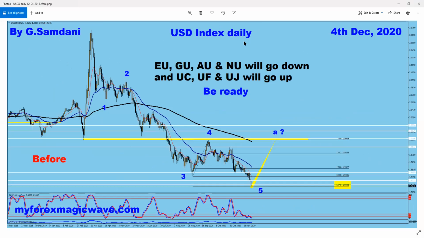This is the US dollar daily chart I made so far. This is the Elliott wave count 1, 2, 3, 4 and 5. Now wave 5 is at the extension level. If you pull the fib from 3 to 4, the 5 is around 127%, and that's exactly where it is. On Friday you can see the candle is kind of a doji, or you can say a hammer, at the level.